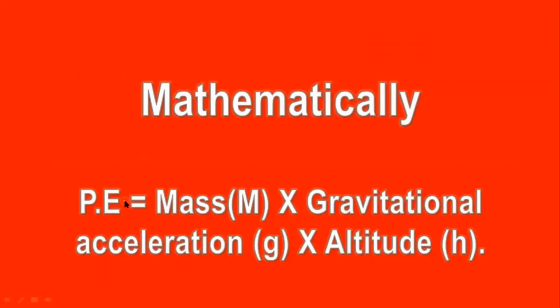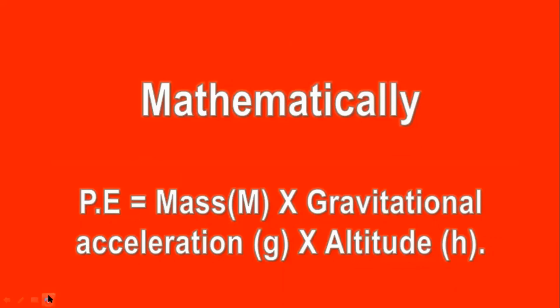Mathematically, the basic formula is PE equals mgh, where m is mass, g is gravitational acceleration, and h is altitude. So mgh is the formula of potential energy.